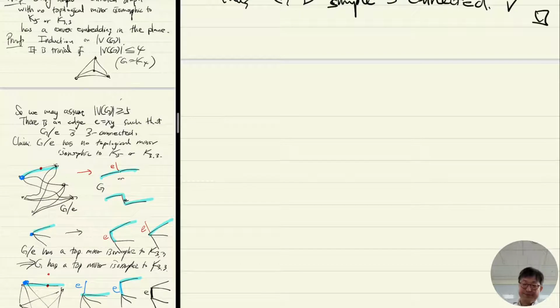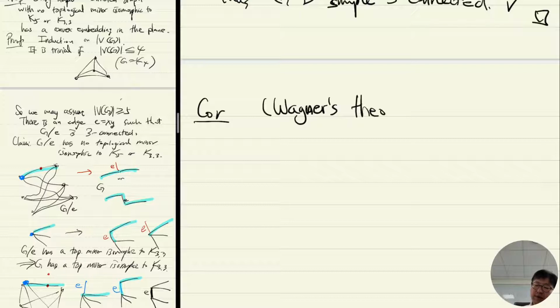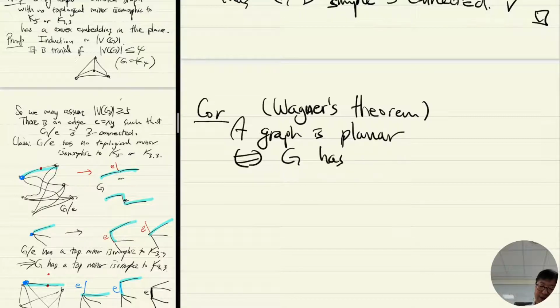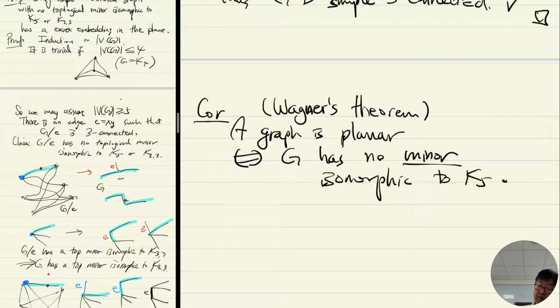All right. Now, here are some corollaries. This is commonly called Wagner's theorem, which says that a graph G is planar if and only if G has no minor isomorphic to K5 or K3,3, instead of topological minor.